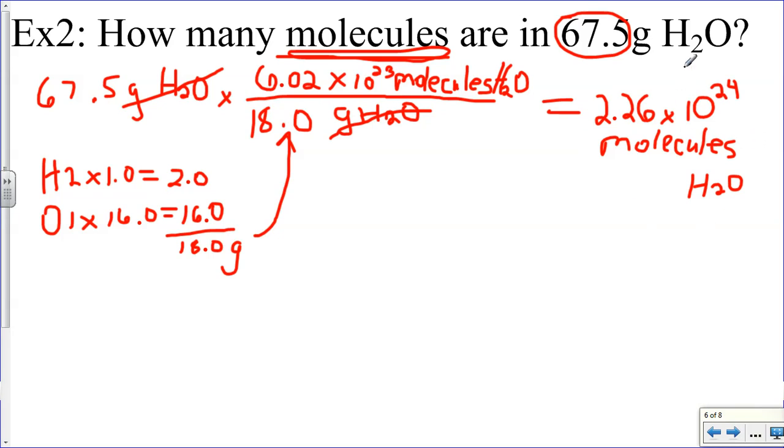Now I realize that when you're doing this on your notes and you're typing them in on your worksheet, you can't circle your answer. If we were in class, we would be circling our final answer and canceling off our units.